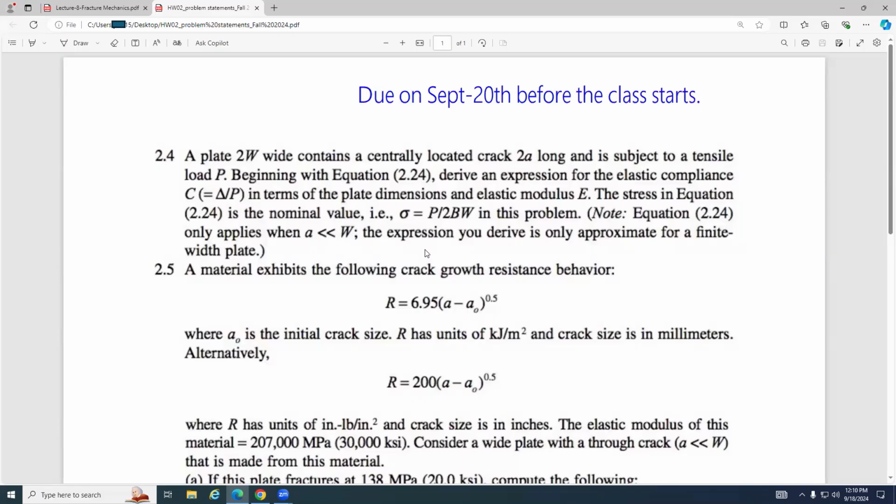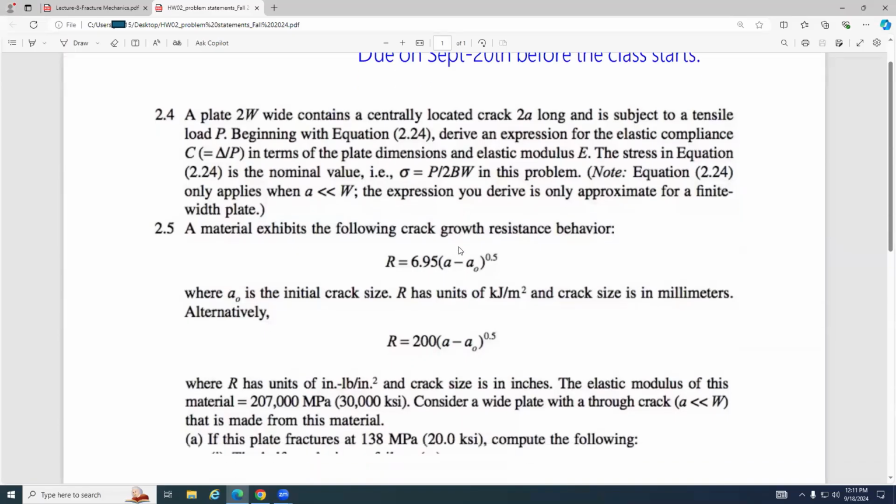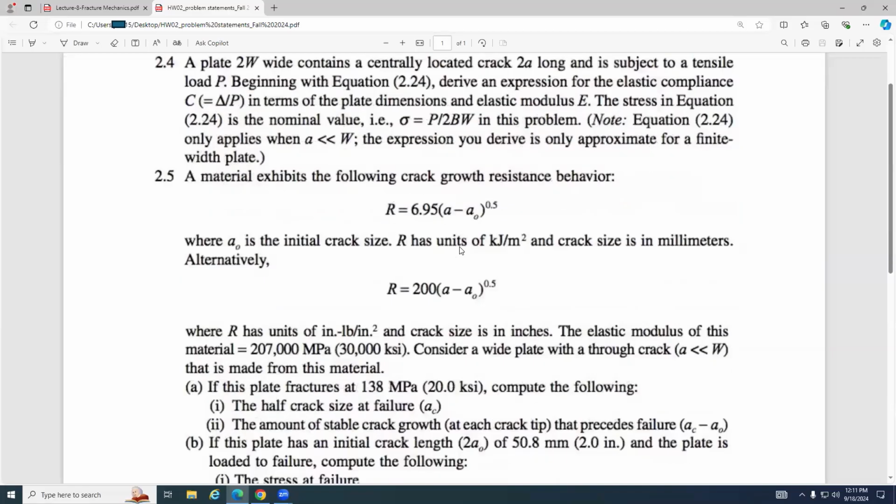Second one: for this material, the resistance R is described in that equation, and the crack length is a1 and a2. I want you to handle both of them. So how to solve this kind of problem?